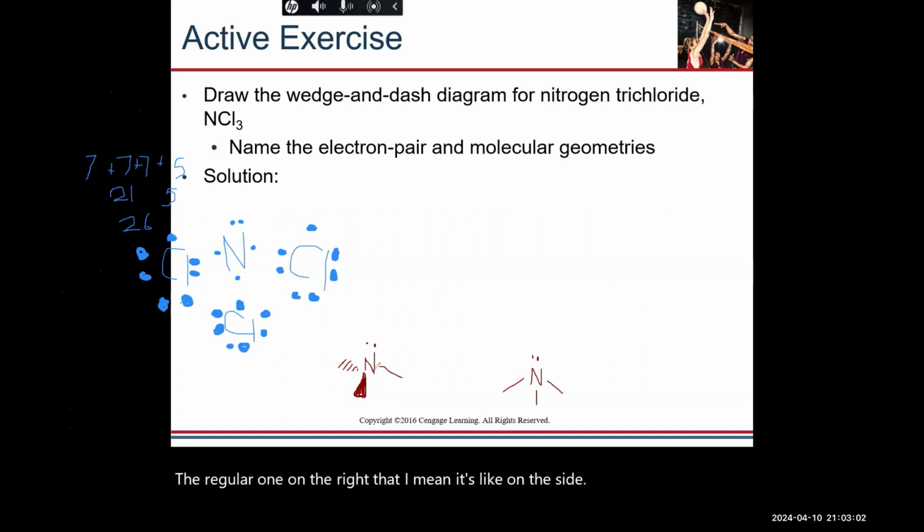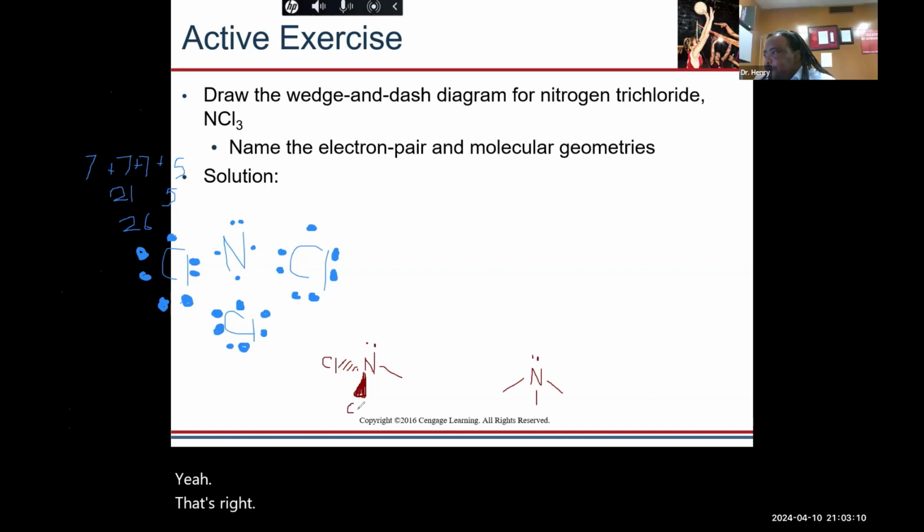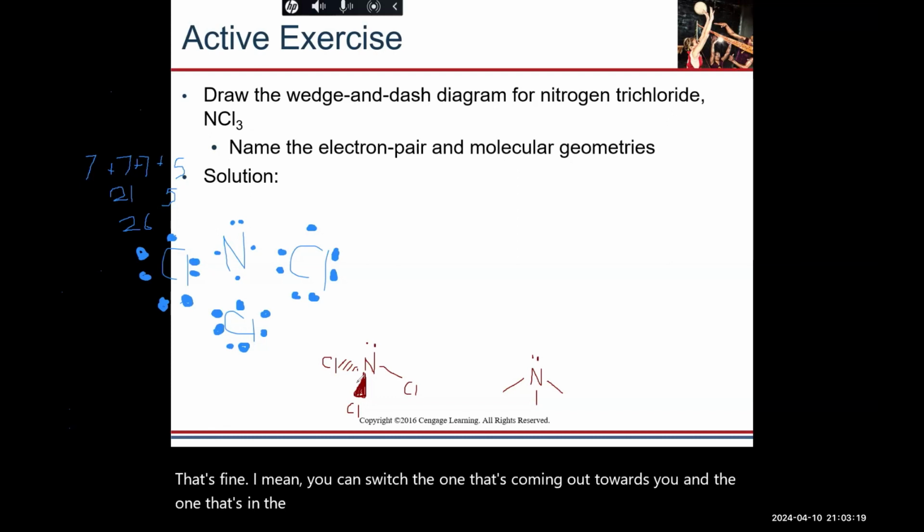Yeah. Okay, and then the little wedge is the back, and then the triangle is the front. That's right. I did it like that, but the opposite. That's fine. I mean, you can switch the one that's coming out towards you and the one that's in the back. It doesn't really matter. Oh, okay.